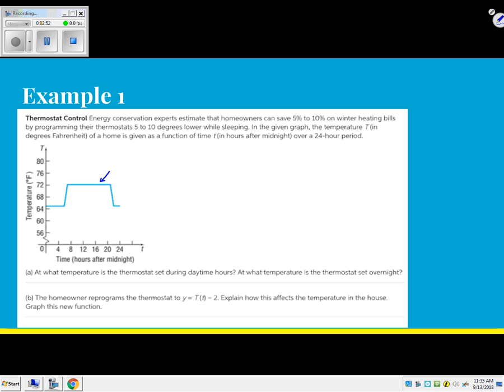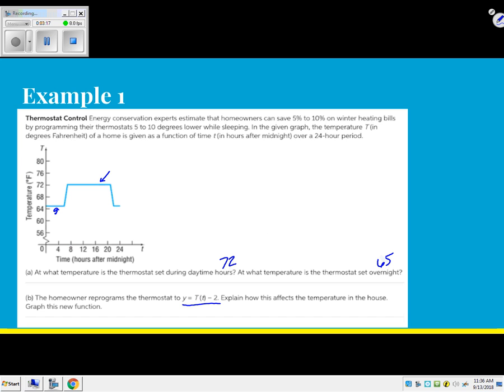So that should be 72 degrees. And then at night, looks like they go to bed. Hopefully they're asleep down here next to midnight. That looks to be set at about 65 degrees. So the homeowner is going to reprogram their thermostat to this new function right here.